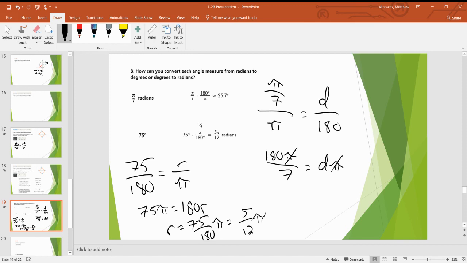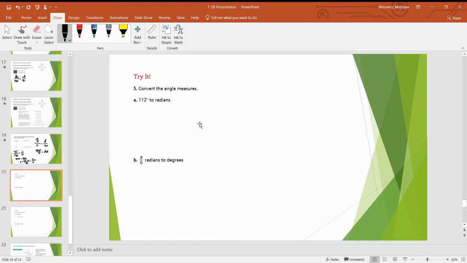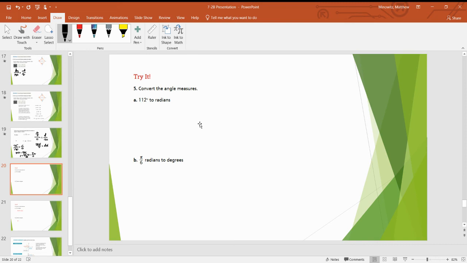As long as you get it right and understand what you're doing, either method works. So pick a method, try it out. Convert 112 degrees to radians, and convert pi over 6 radians to degrees. And when you're ready, unpause the video, we'll check the answers, and then we'll see what all that we've learned today.